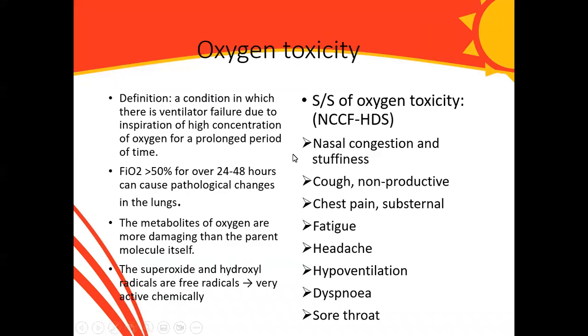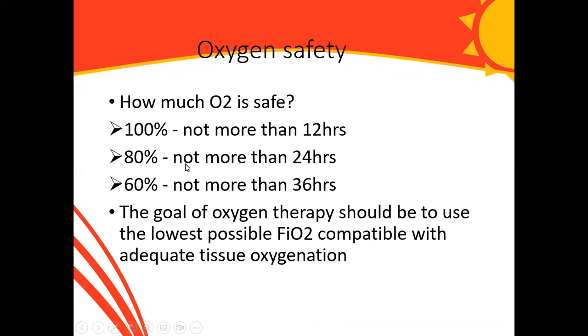I mentioned this before, the NCCF, nasal congestion, all that. But how much oxygen is safe? Don't give 100% oxygen more than 12 hours. If your patient is desaturating and requires 100% oxygen for more than 12 hours, you are exposing the patient to oxygen toxicity. So you must look at other lung recruitment maneuvers that you must put in place.